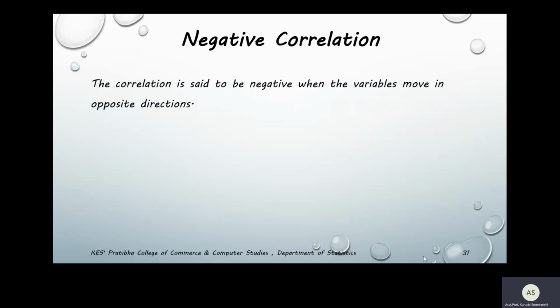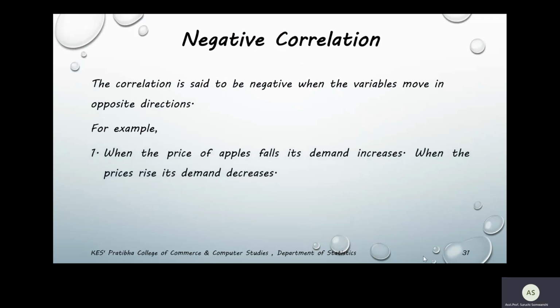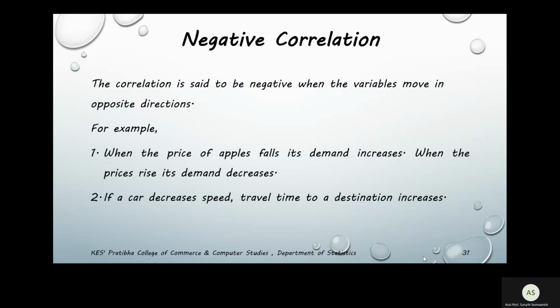So what is negative correlation? The correlation is said to be negative when the variables move in the opposite direction. For example, when the price of apples falls, their demand increases. When the price rises, demand decreases. Or if a car decreases its speed, then the travel time to reach the destination will increase.